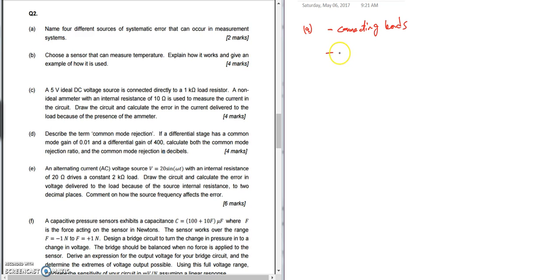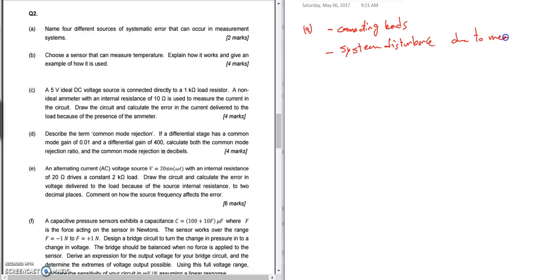What else? There might be a system disturbance, some disturbance due to measurement.